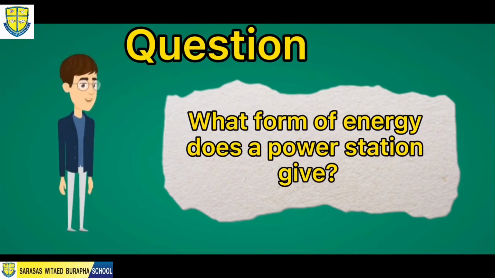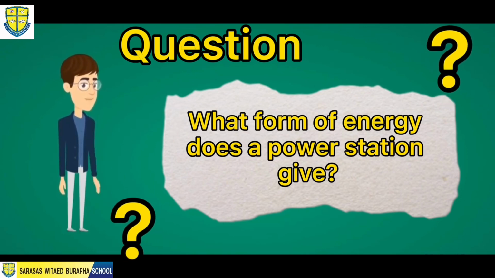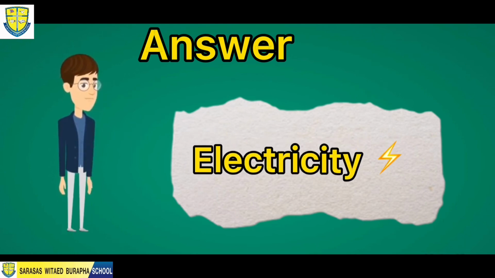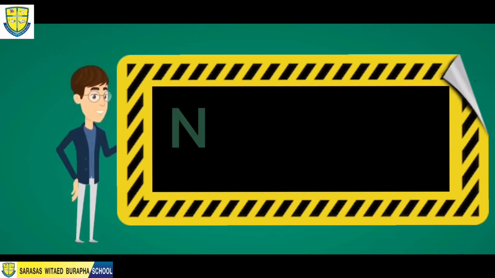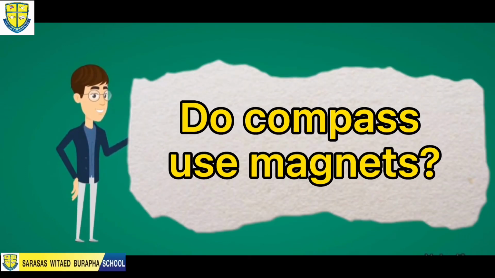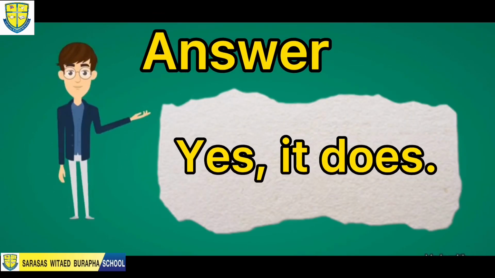What form of energy does a power station give? Any guess? And if your answer is electricity, your answer is correct. Number 3. Do compasses use magnets? The answer is yes, they do.